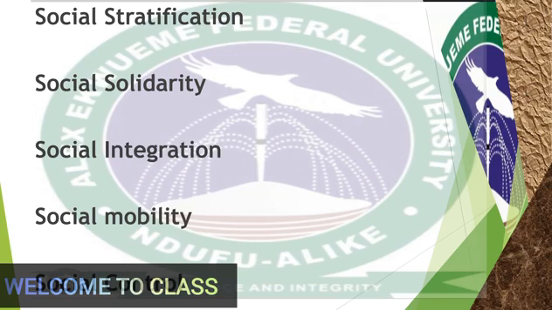Of course, there are more persons there, so the social contacts will be more in urban. Then the quality of persons you see in the urban is also higher. You go to the urban, you have first degree holders, master's degree, PhD, professors, doctors, and the rest of them. So the quality is higher, and then the quantity is also higher.